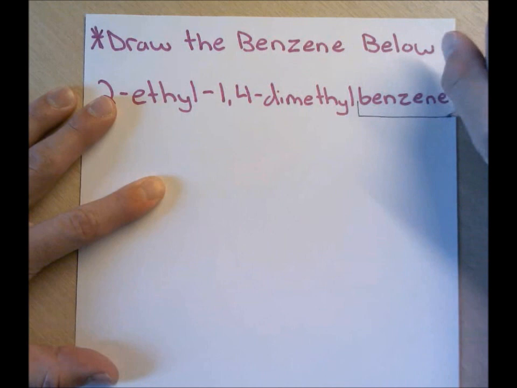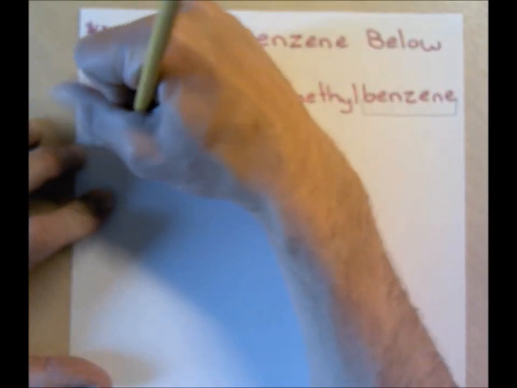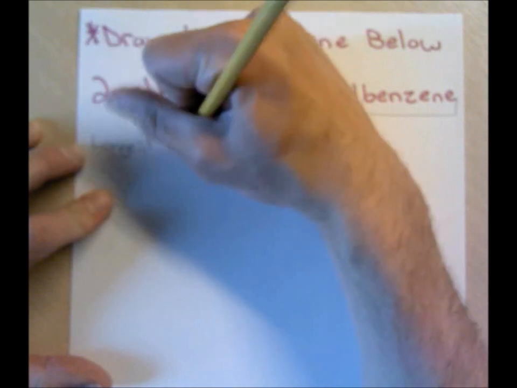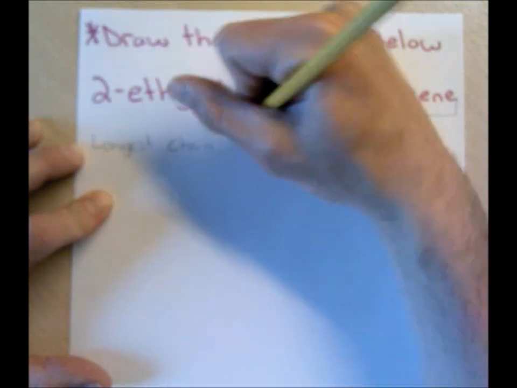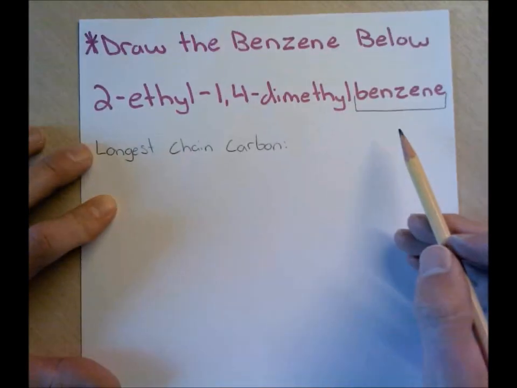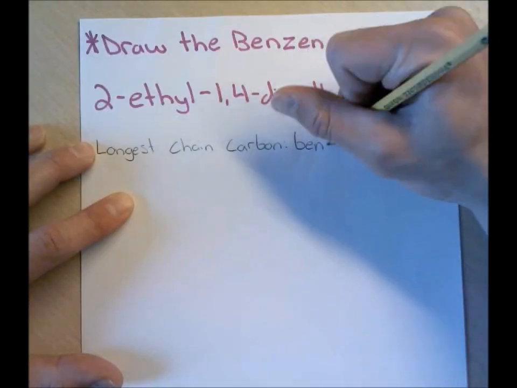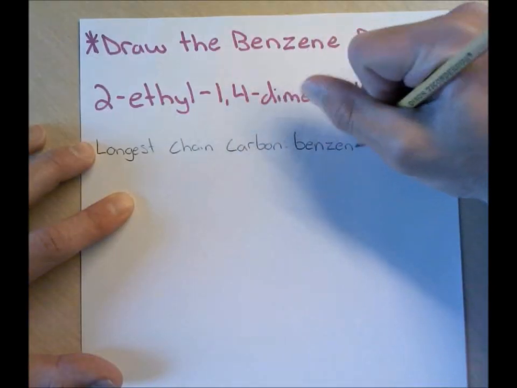I like to write this down, so I like to say longest chain carbon, and I already highlighted it, and that is benzene. So right here we have benzene as our longest chain carbon.